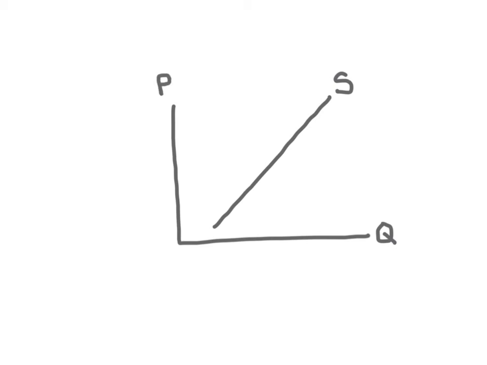In other words, at a low price of medical care, let's say P1, the quantity supplied of that care is fairly low, and if the price of medical care rises to P2, then we expect to see an increase in the quantity supplied. Okay, let's say to Q2. Okay, so there's our increase in the quantity in response to an increase in the price.